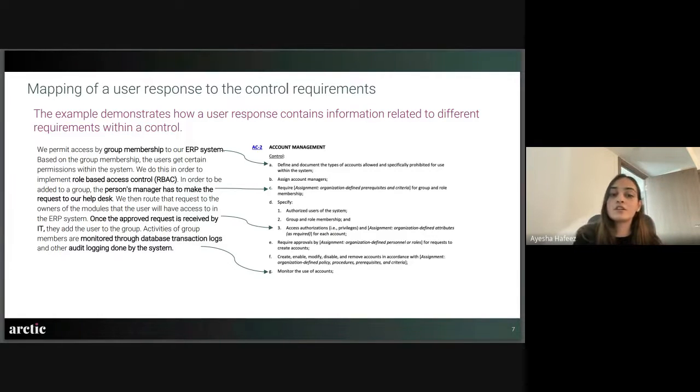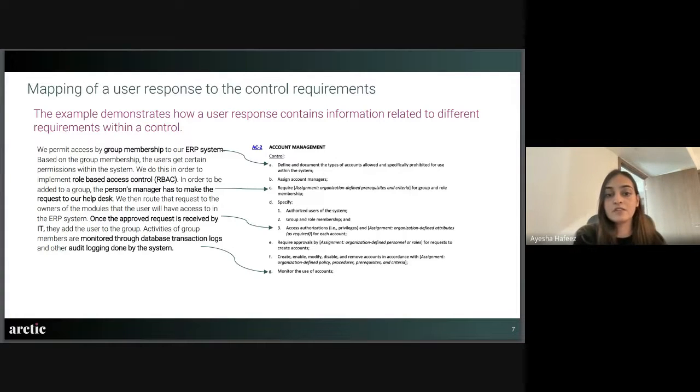This is a more concrete example. On the left, you see a response from a user to a question within the security questionnaire that the officers present to them. You could see how the user discusses what kind of systems allow group membership, what kind of controls they use, and in addition to that, what steps of authorization they need to go through to be able to gain access to the system.